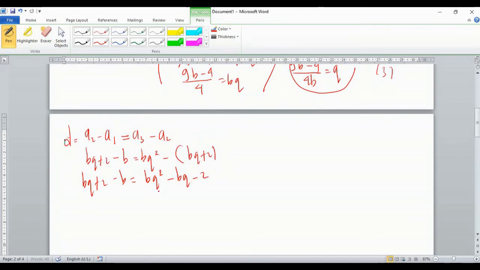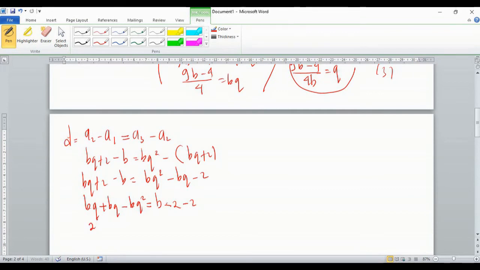From here, we need to collect terms. Let me put the Bq on the left side and the rest on the right. Bq plus Bq minus Bq² equals minus 2, then plus B on the right side, and minus 2.